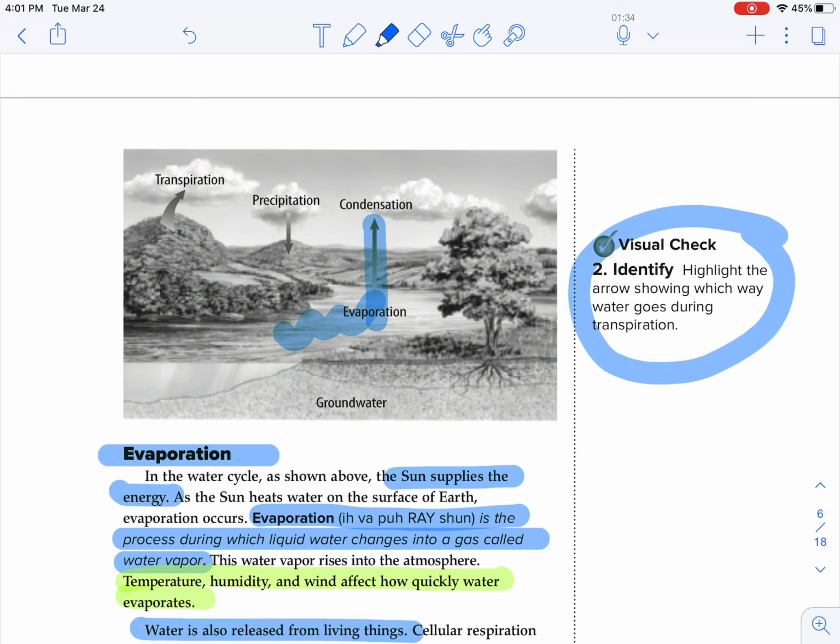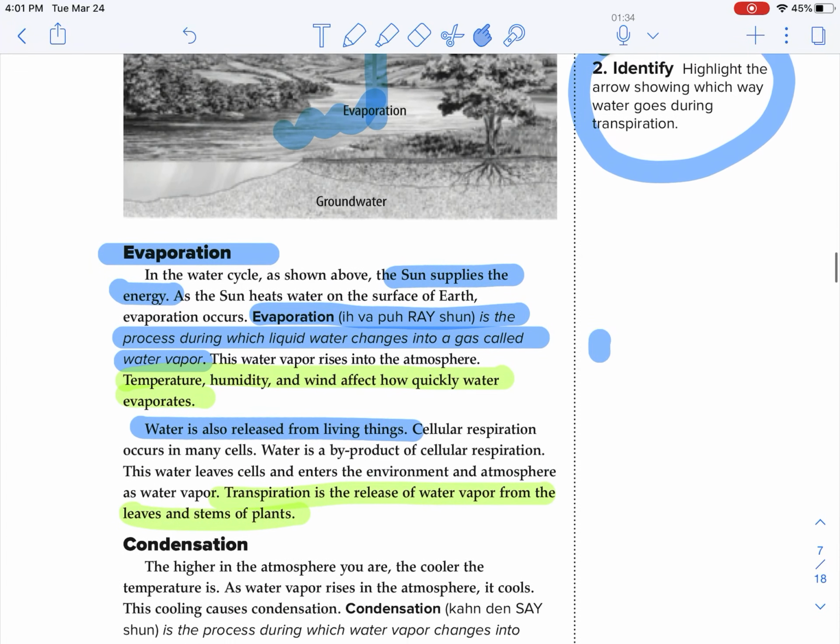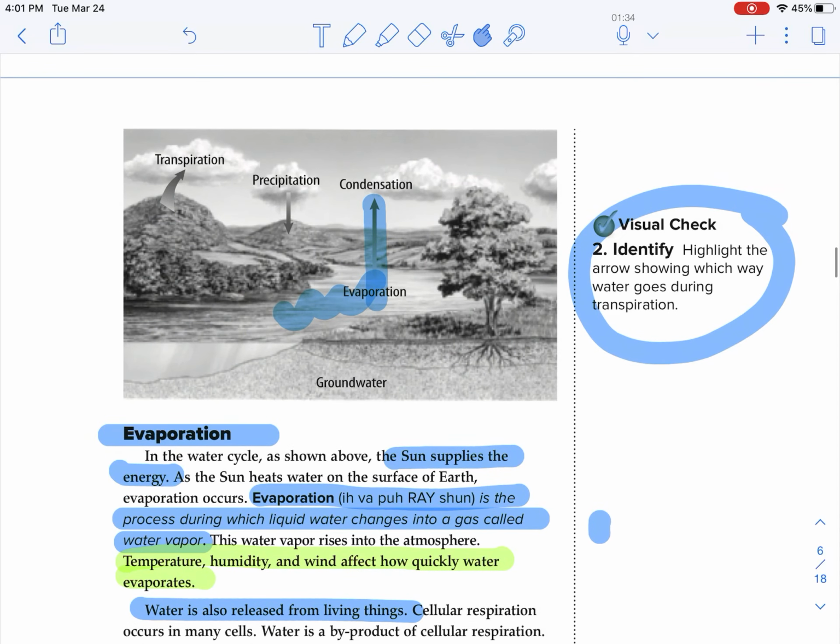So we learned a little earlier that transpiration is going to be the release of water vapor from leaves and stems of plants. So it is right here. So this is the direction. So the water in the leaves and the stems of these plants is being released out into the atmosphere.